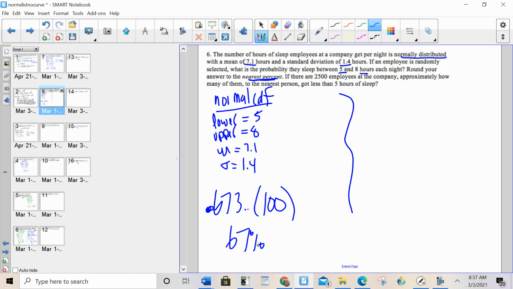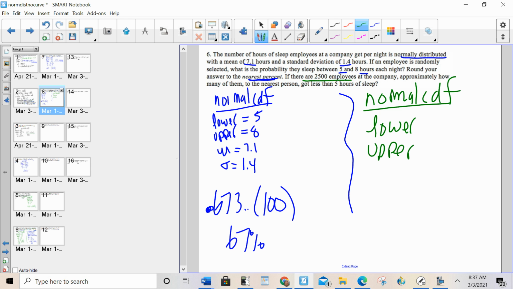Now, as a separate second question, if there are 2,500 employees at the company, so it's a new question, it's a new normal CDF. Now, the situation didn't change, so the mu and the sigma are the same, but now my lower and my upper are going to change. So mu is still 7.1, sigma is still 1.4. Approximately how many of them got less than 5 hours?